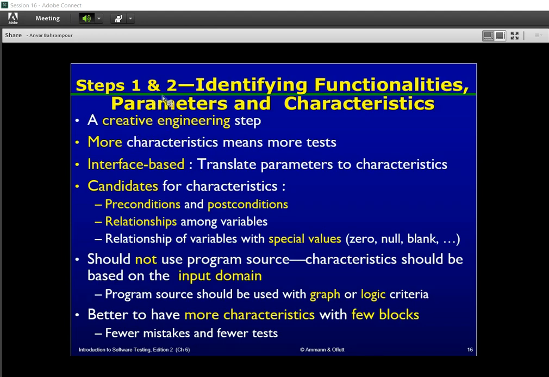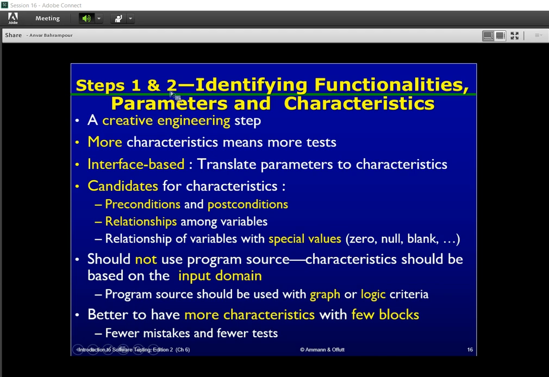So we remember this step: what are the duties of testers in each step? This is trivial for all programs.